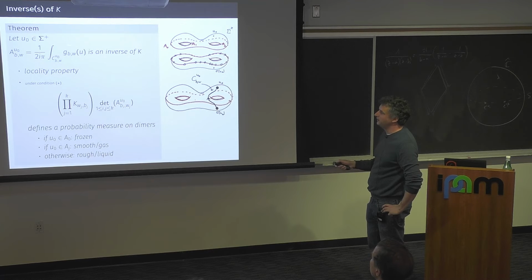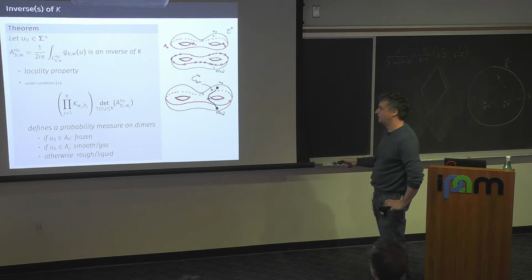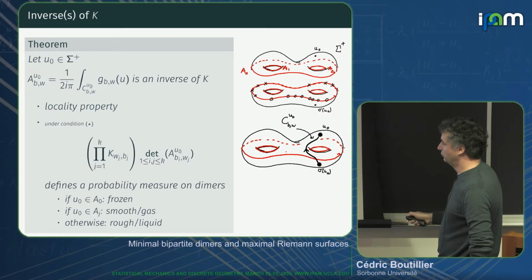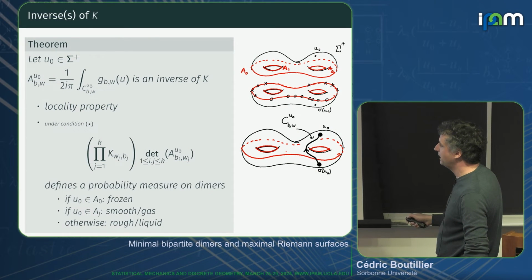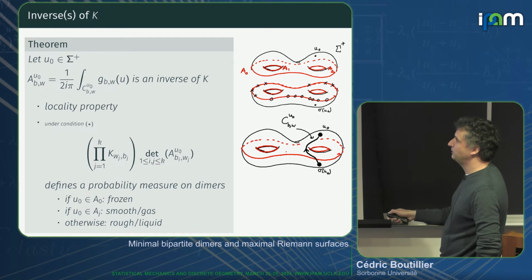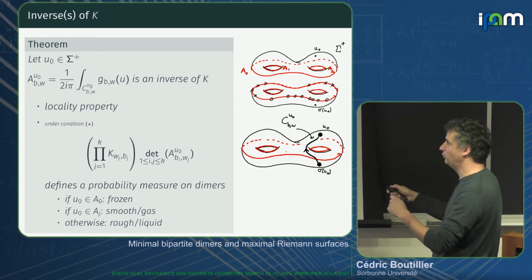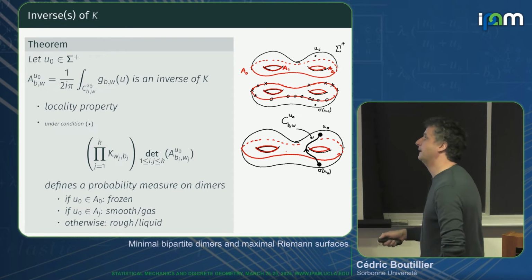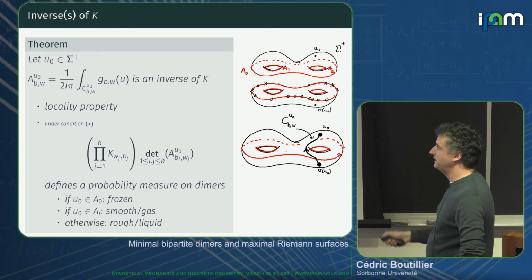Well, I look at this one-form G of BW, and I integrate this form along a contour which will connect u0 to its image by this anti-holomorphic involution. I have to be a bit careful to define where this contour crosses A0, because this quantity has poles along this contour. But you can define it.